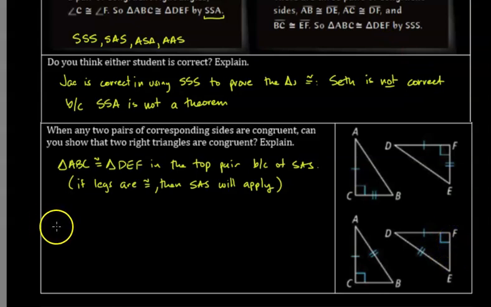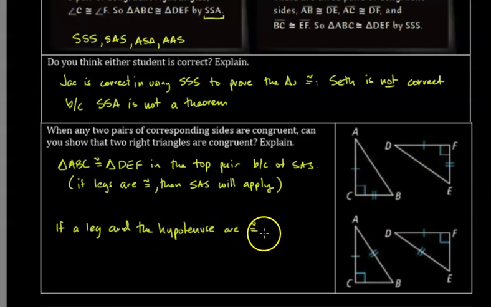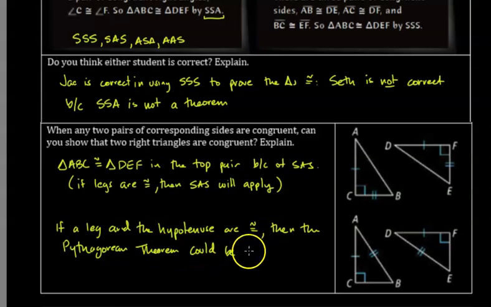So if a leg and the hypotenuse are congruent, then the Pythagorean theorem could be used to prove the other legs congruent.